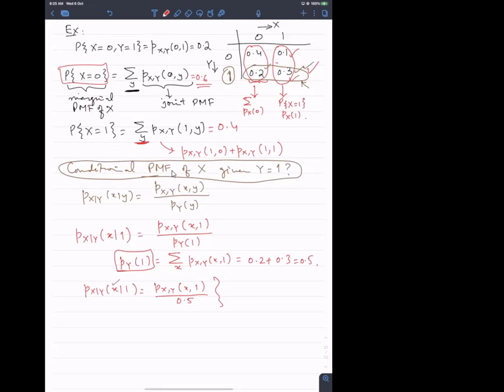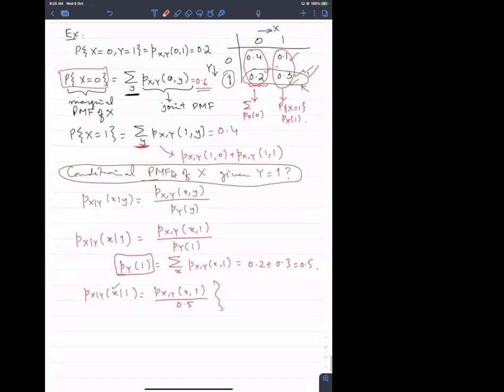लेकिन हमें हर वैल्यू के लिए बताना पड़ेगा. X takes the value 0, X takes the value 1. So Px given y 0, 1, ये क्या हो जाएगा? This would be Pxy 0, 1 divided by 0.5. And this is equal to 0.2 over 0.5, which is 2 over 5. Similarly, Px given y 1, 1, sorry, this should be given 1.